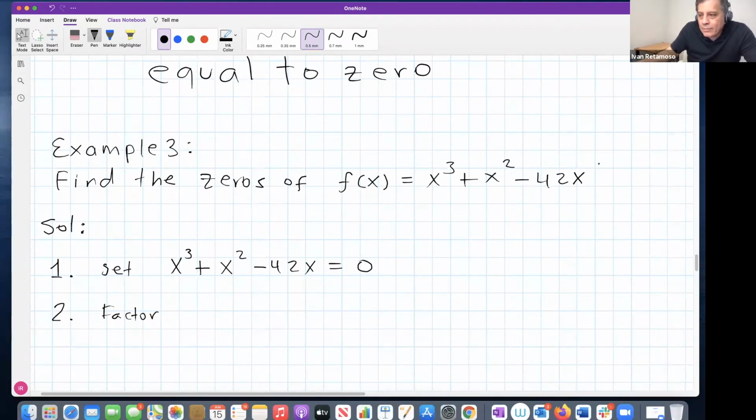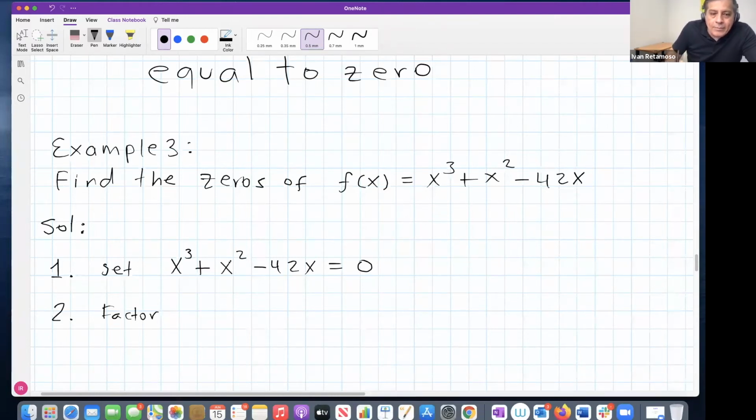Well, let's follow the 3 steps that were suggested. The first step says, whatever the formula for your polynomial function is, set it equal to 0. We need to know for which values of x this function is equal to 0 when evaluated.